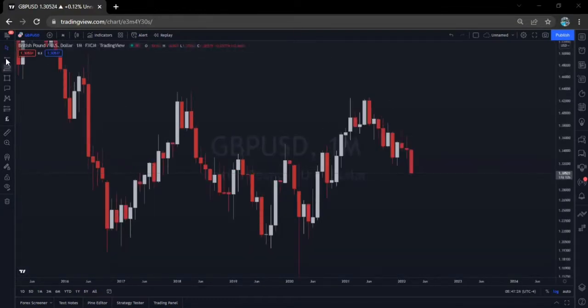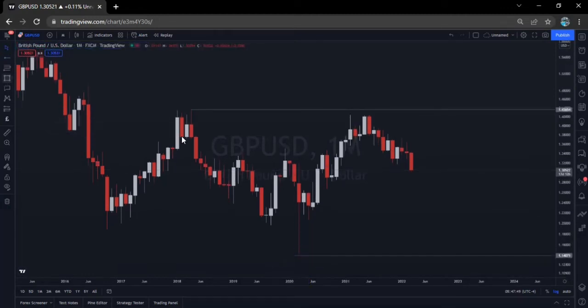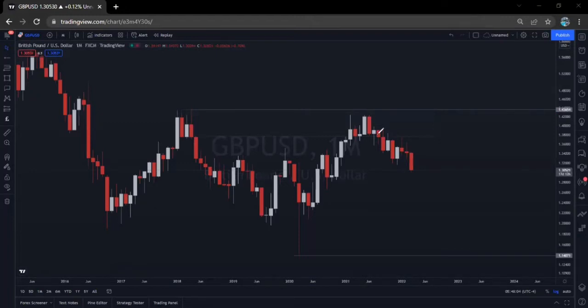Another pair that we should be looking at is GBPUSD. As you can see right now, we are in this range right here. And previously what I expected was a breakout from the supply zone, particularly because price has been spent. What we have seen in these past few weeks is that the market has been creating new lower highs and lower lows, breaking previous structure and all of those good stuff until we eventually got ourselves to this point, all right?